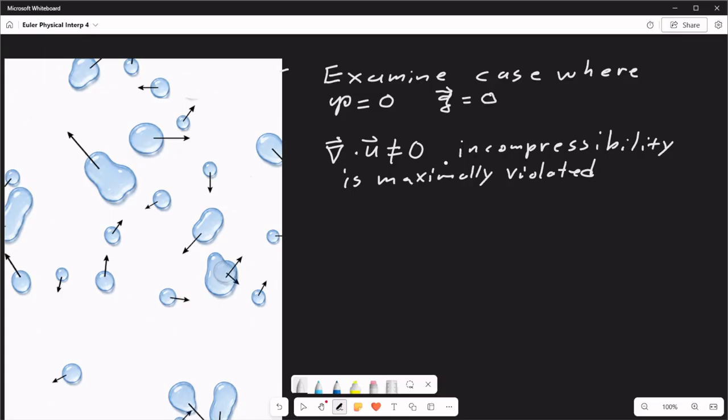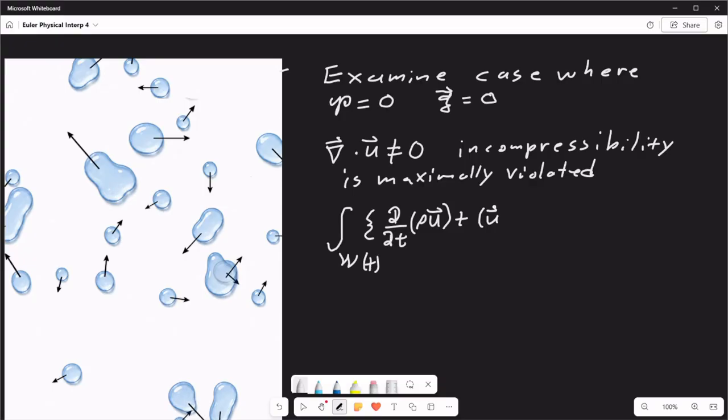For that, the only remaining part of the normal Euler equation will look like this. It would have the omega t and then it would have d by dt. In this case, rho is going back inside the equation because density is no longer guaranteed to be constant.